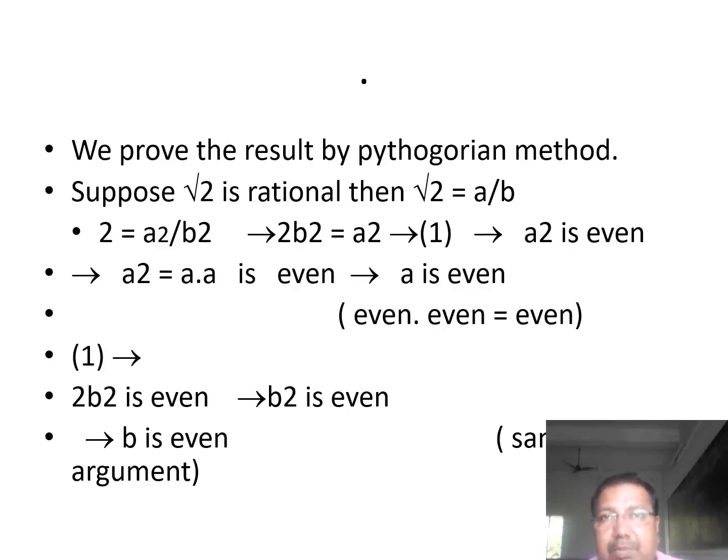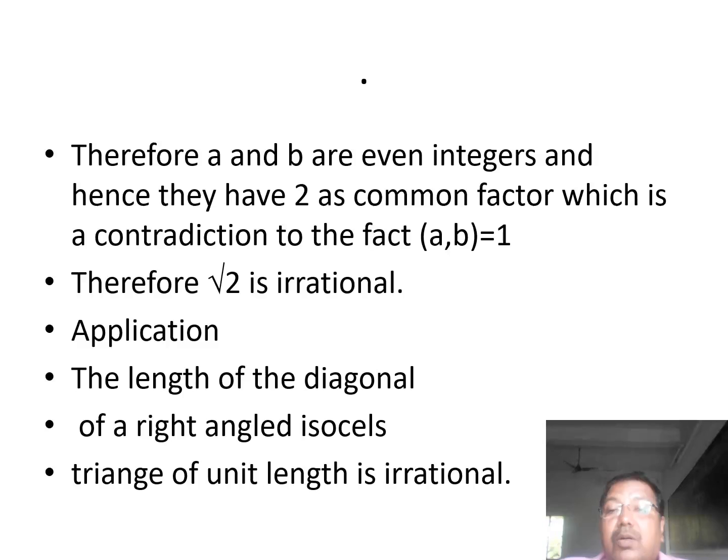Using this result, equation number 1 implies 2b squared is even. This implies b squared is even by the same argument. b squared is even means b into b is even. So again using the same argument, b is even. Therefore, a and b are even integers and hence they have 2 as a common factor, which is a contradiction to the fact that a and b are having no common factor, or relatively prime.